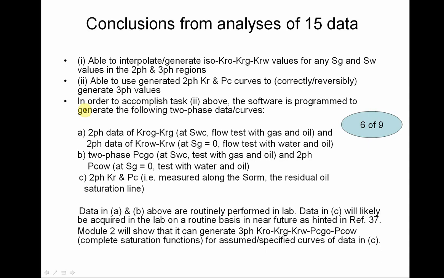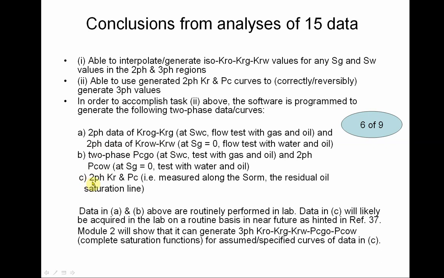In order to accomplish task 2 above, the software has been programmed to generate the following two-phase data or curves. A. Two-phase data of KRO, GN and KRG, and two-phase data of KROW, KRW. B. Two-phase PCGO and two-phase PCOW.